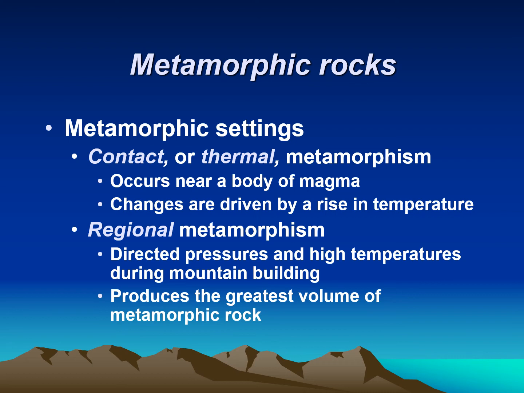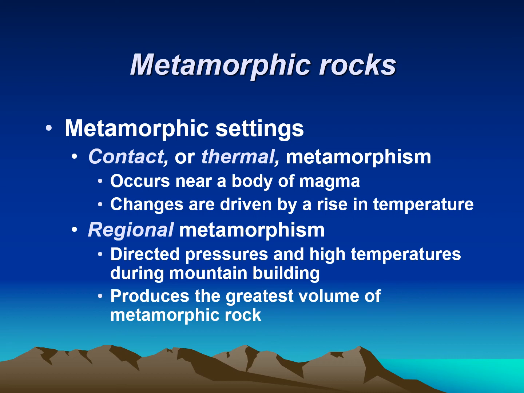Regional metamorphism, however, is metamorphism on a much larger scale, and you do not have to have a magma chamber nearby, but this is going to occur in mountain ranges. So directed pressures and high temperatures during mountain building events, and certainly that last bullet there is true.